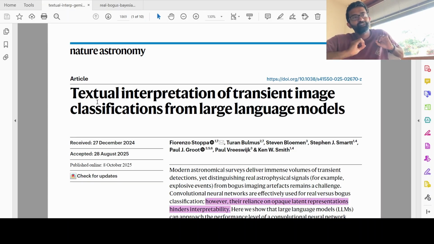Now, the idea is whether it's possible that I have this black box, the neural net, and this neural net gives us some textual interpretation, just like my astronomer assistant friend, who would be able to tell me what thinking process she went through to give me this label, whether this is a real event or this is a bogus event.